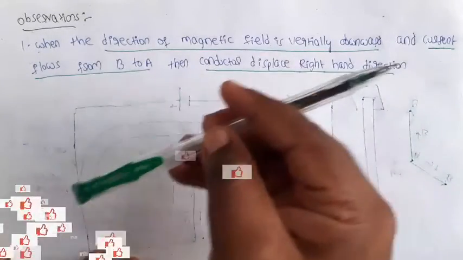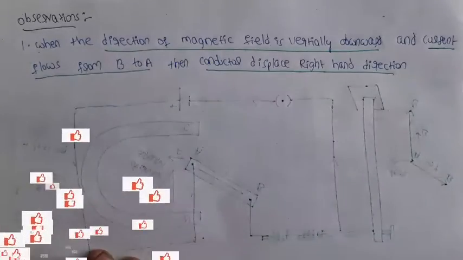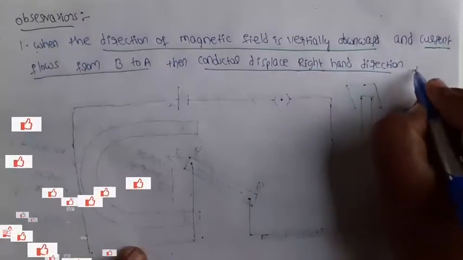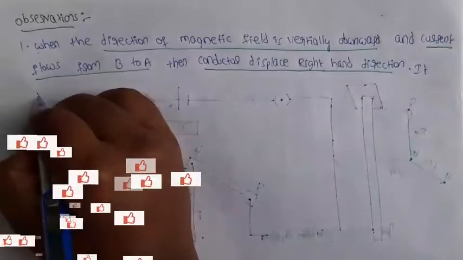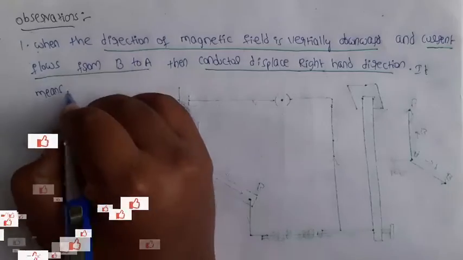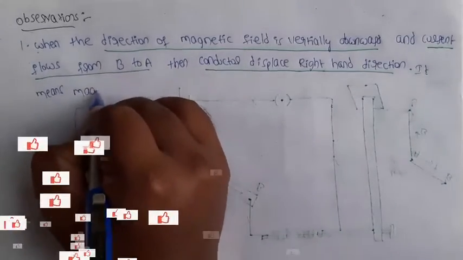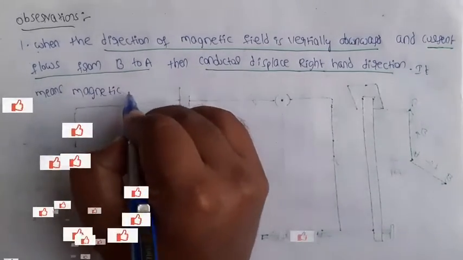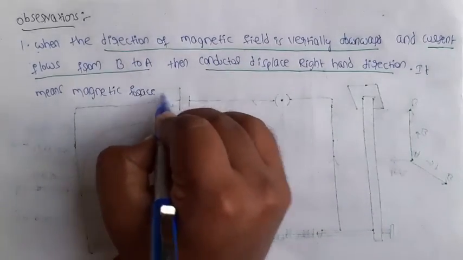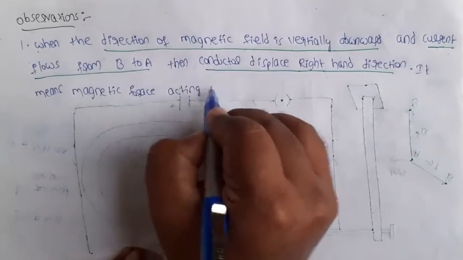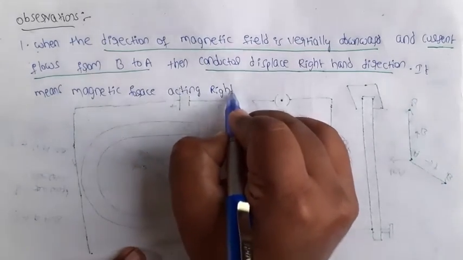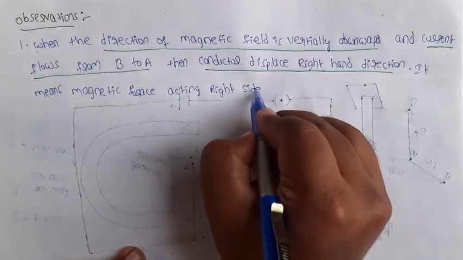Right hand direction means this direction. It means the magnetic force is acting on the right side.